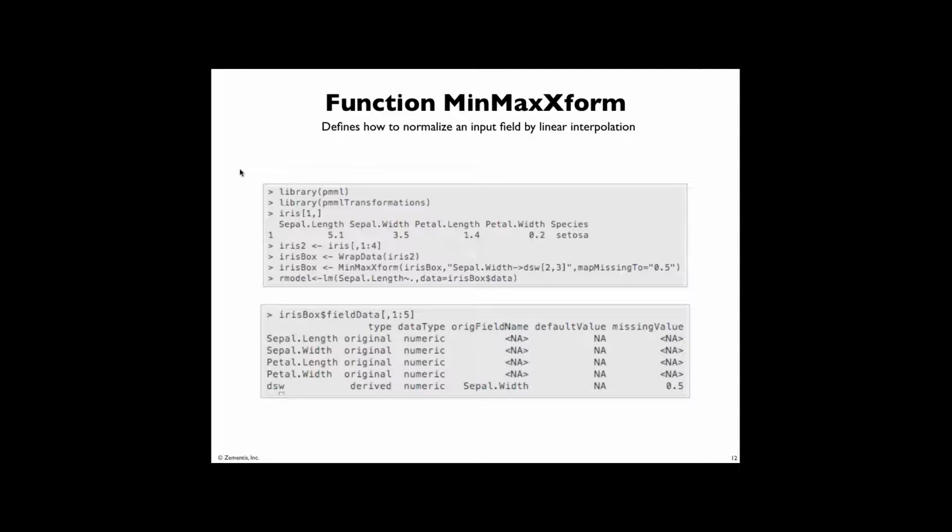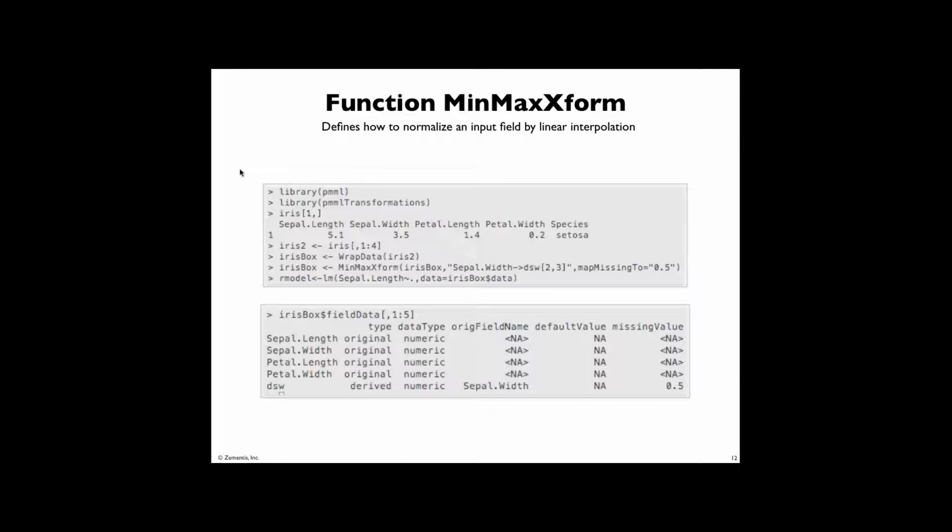And the next line is the command for the MinMaxXform. The format is, as you can see, you pass as input the transformation object, iris box. The second one is the information on the transformation. I'll go through that in just a second.